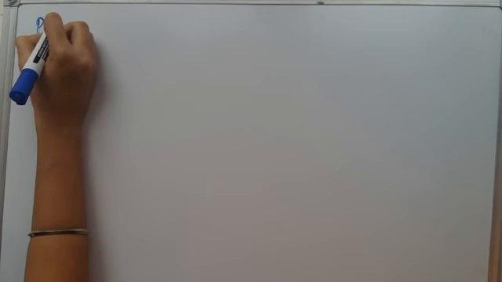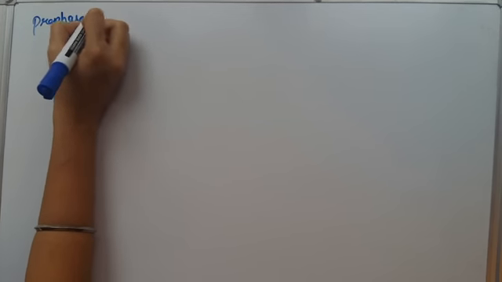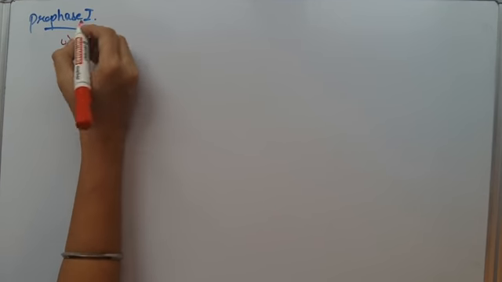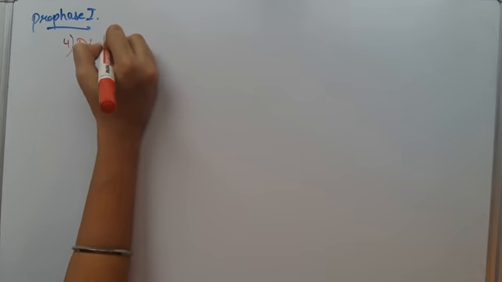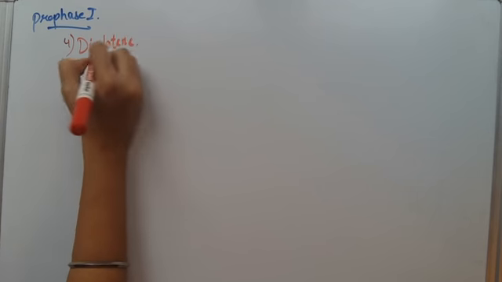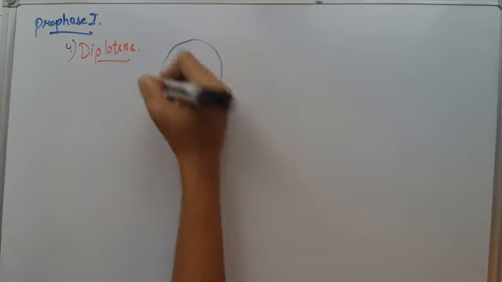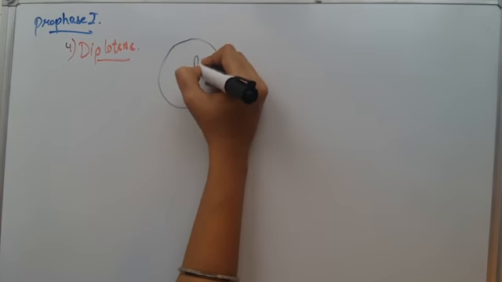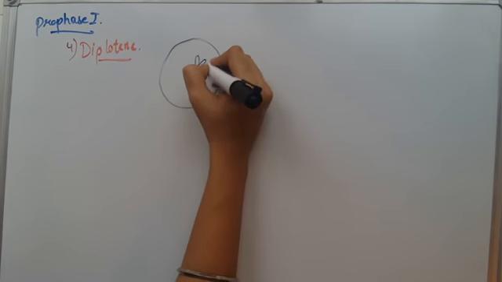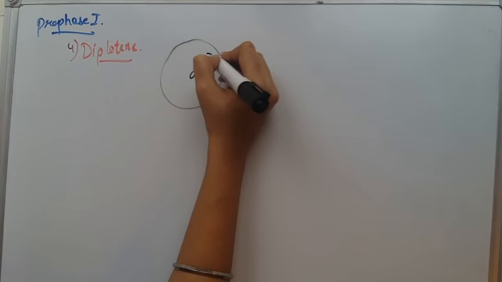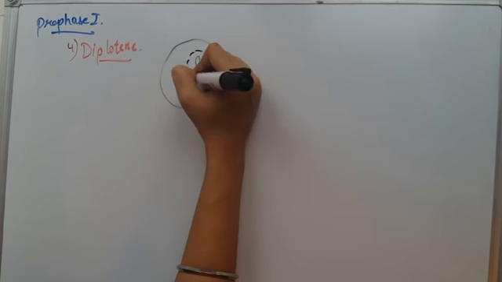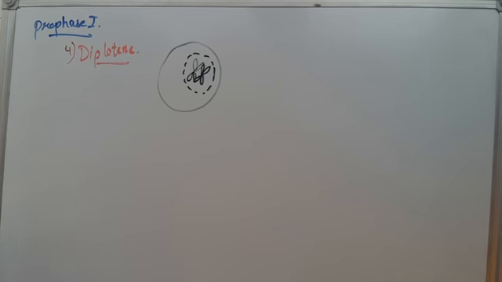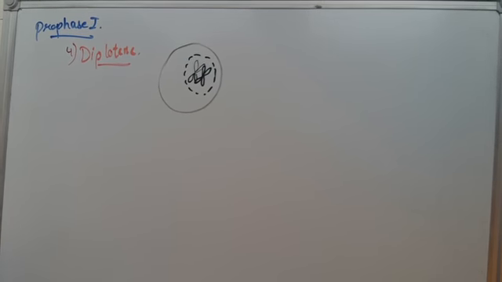The next stage of prophase 1, which is the fourth stage, is diplotene. In this, first of all there is partial disappearance of the nuclear membrane, and the chiasma starts shifting towards one end, and this is called terminalization.